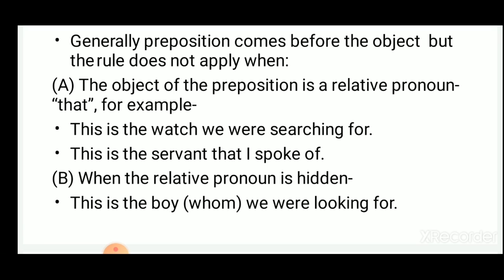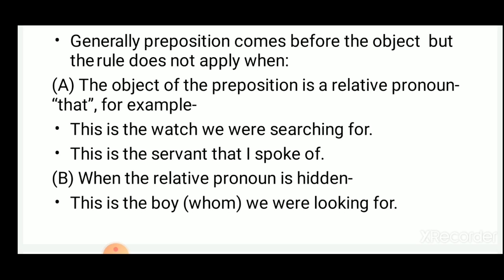So, that is missing here. This is the servant that I spoke of. So that is hidden in the first sentence, but in the second sentence that is prominent and the preposition is used in the last.